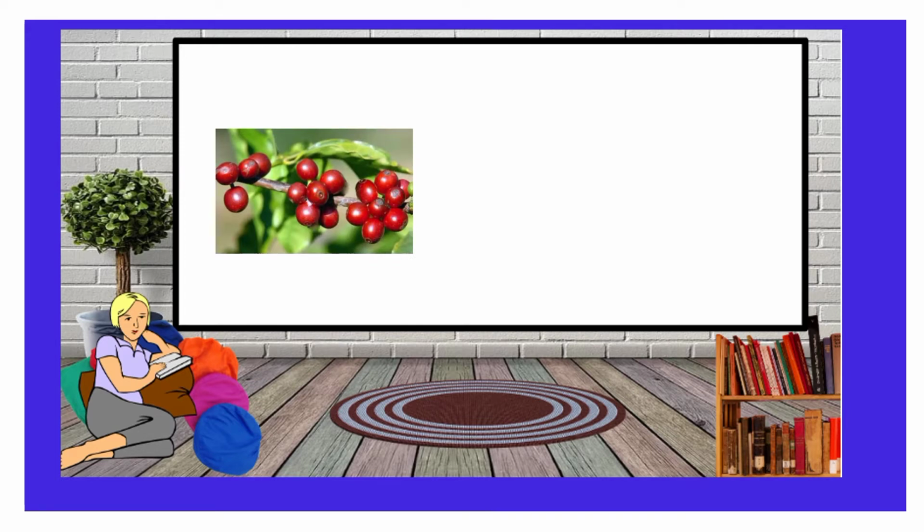Let's consider the picture of this coffee bean. Do you see any pattern formed from the picture? Let's write the terms of the coffee beans, starting with 4, and then we have 6, and then 8. If the pattern continues, what will be the next term? How many coffee beans does the next term have?